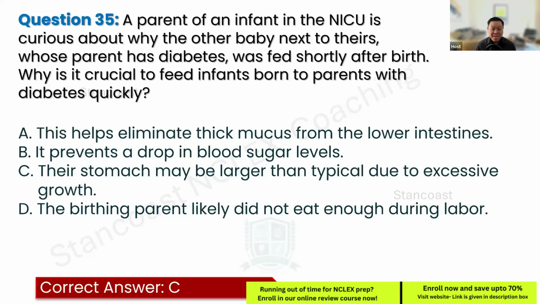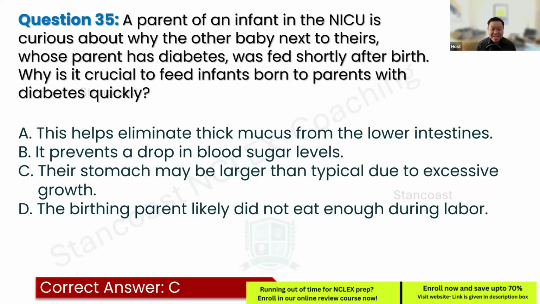Now, letter B is incorrect. While we know that early feeding does help stabilize blood sugar levels, the term "a drop in blood sugar levels" basically does not accurately apply here. The goal is actually to maintain stable glucose levels rather than address a sudden drop or prevent a drop in their sugar levels.